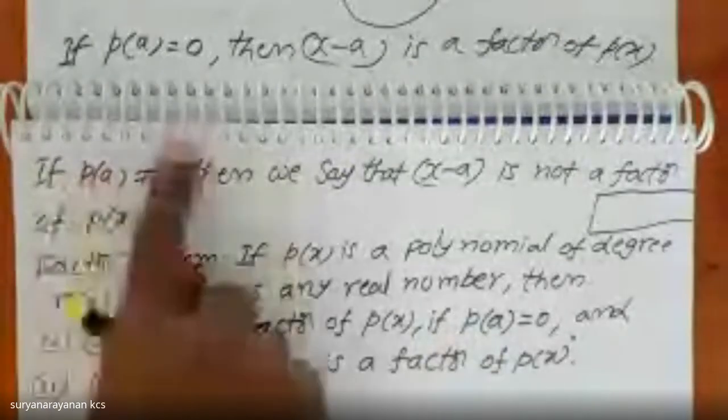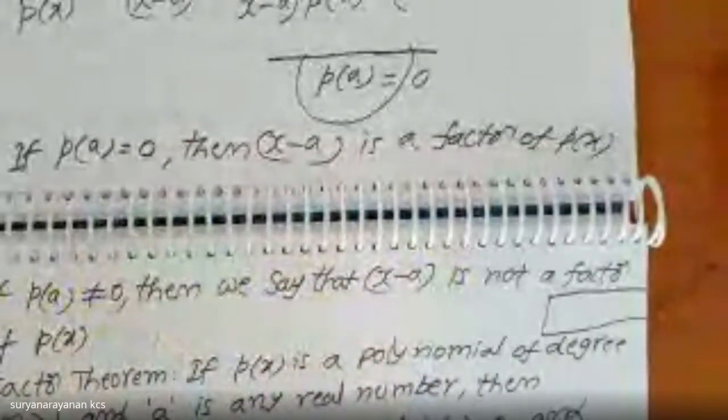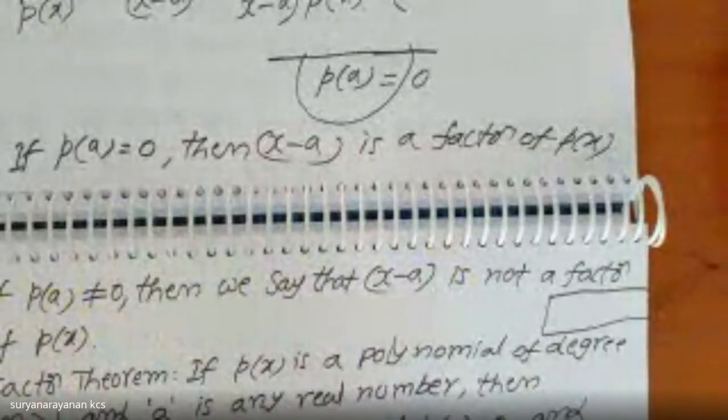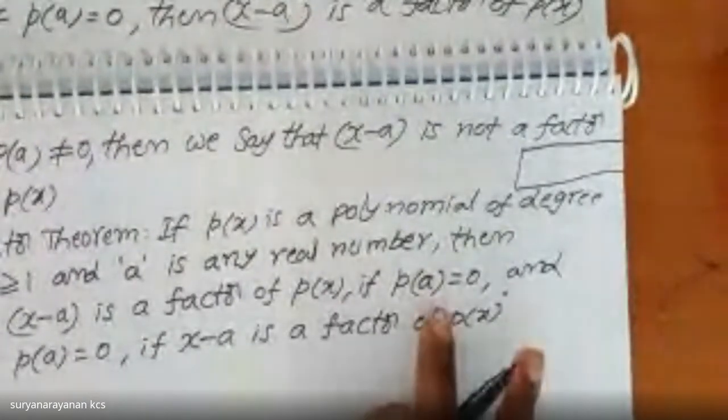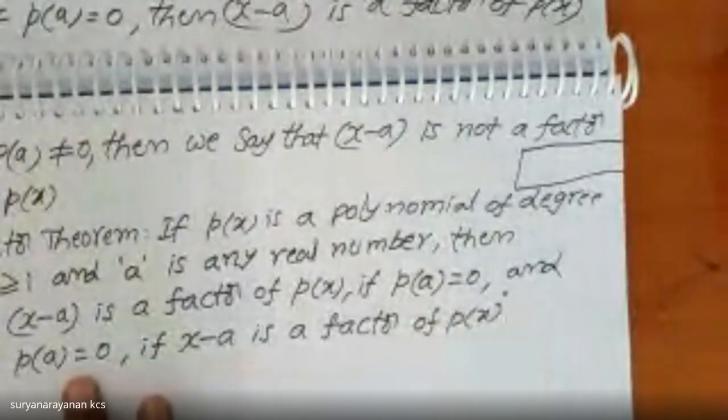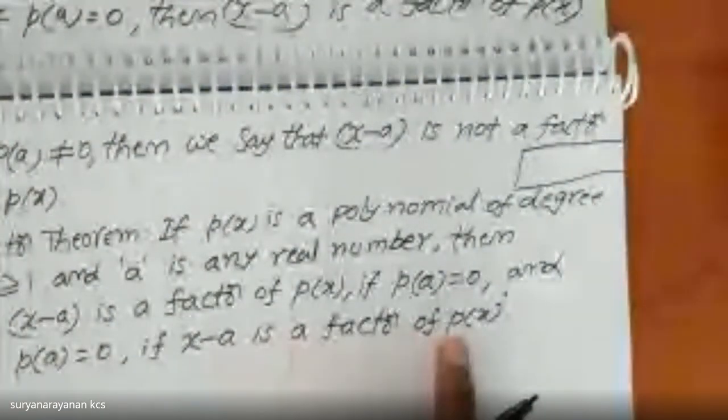Here, whatever I explained, P of a is equal to 0, that is, if the remainder is 0, then x minus a is said to be a factor of P of x. Conversely, P of a is equal to 0 means the remainder is 0 if x minus a is a factor of P of x.